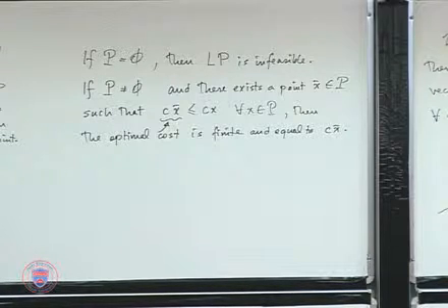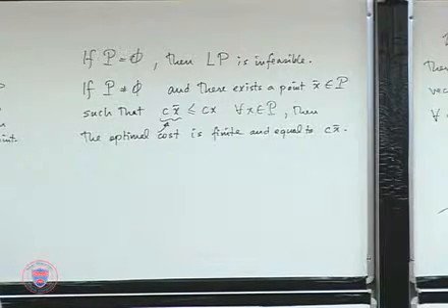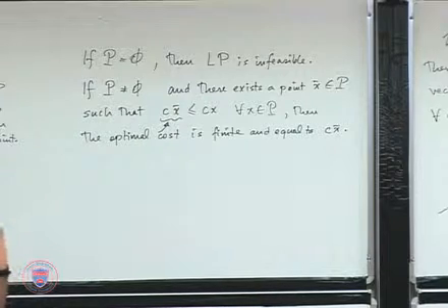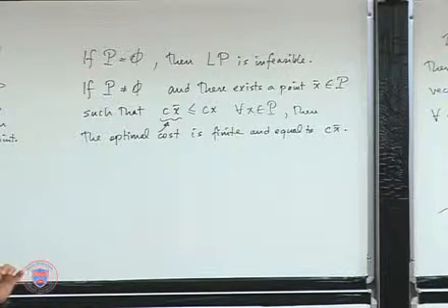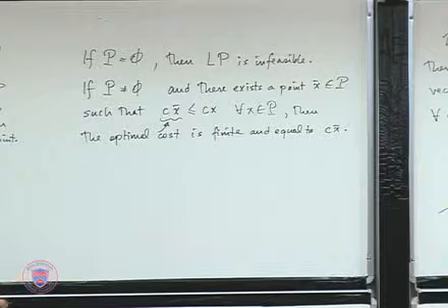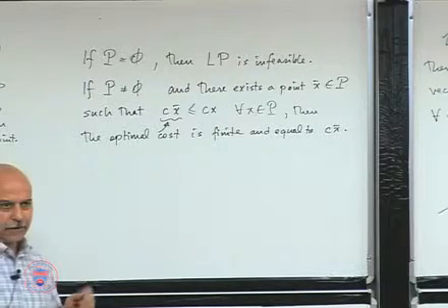Of course, every optimal solution gives you the same finite optimal cost. Okay? They all share the same cost. But the optimal cost is unique, though there may be many different optimum solutions. Okay?